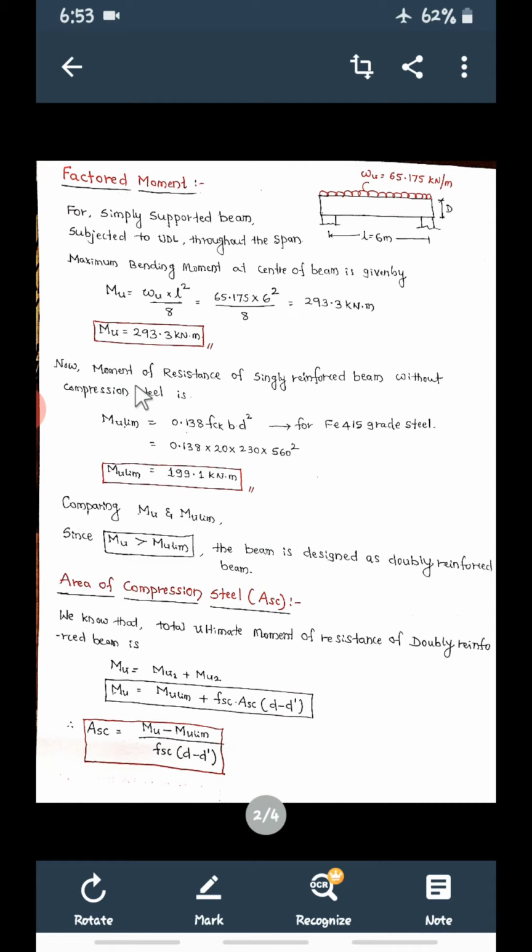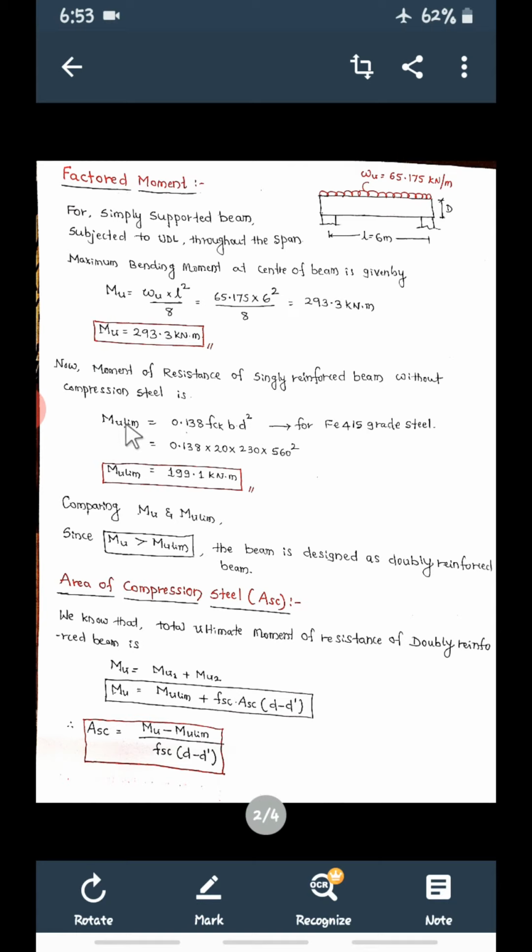Now the moment of resistance of a singly reinforced beam. Without the compression steel at the top, if you consider only a singly reinforced beam, then what will be the maximum moment? That is MU limit. Now the grade of steel is Fe415.